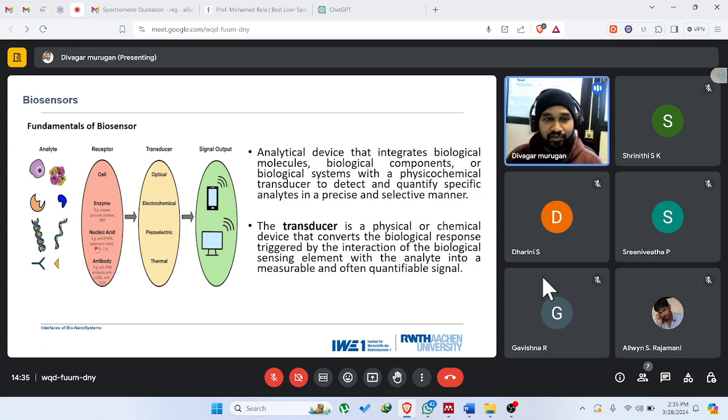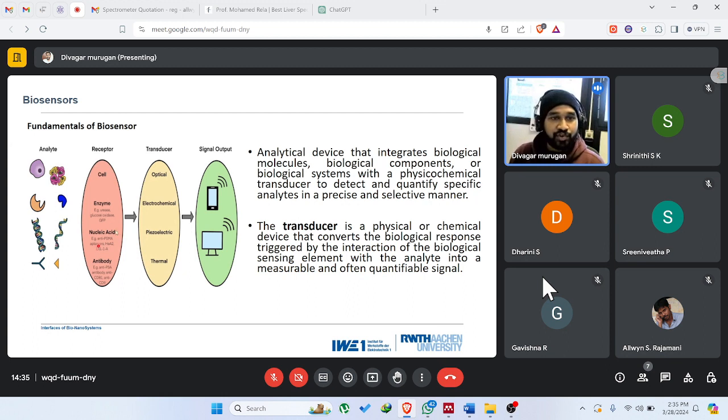A transducer is the one that converts your biological or chemical reaction into a measurable signal, which can be an optical, electrochemical, piezoelectric, or thermal based transducer. Then you have a signal output which just displays your signal. So all these three components combined together form a biosensor.